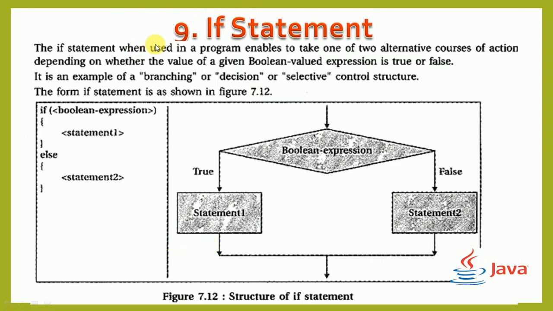After that, the next one is the if statement. When an if statement is used, a program can take one or more alternative courses of action, depending on whether the value of the given boolean expression is true or false. It is an example of a branching, decision, or selective control structure. Right? So this is the structure of the if statement.